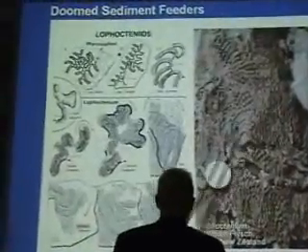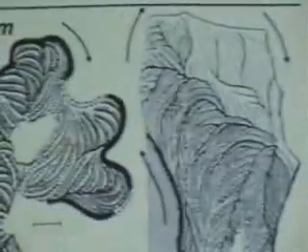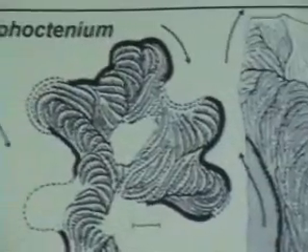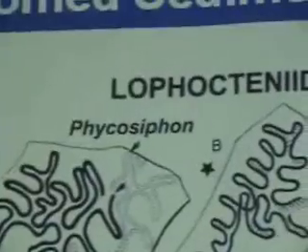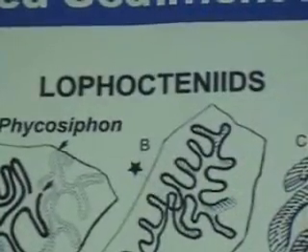But it's a member of the group of trace fossils represented here called Volcanium. Now, I cannot go into the differences between species, but you see they are clearly distinguishable.